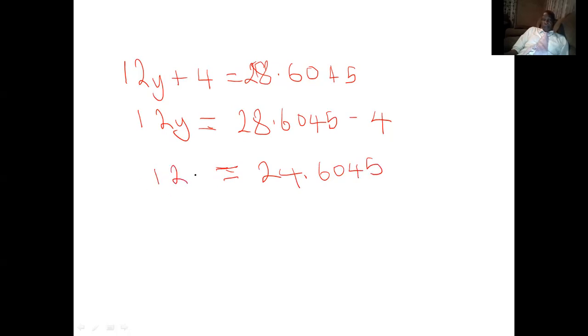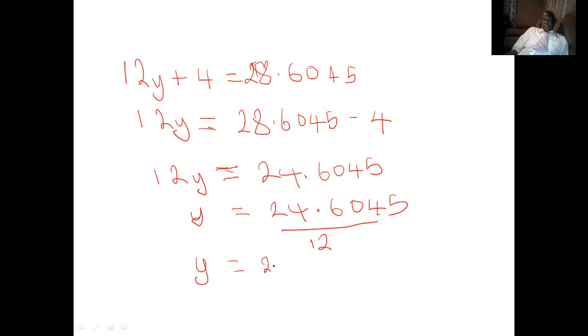And here we have 12y. Therefore, our y would be equal to 24.6045 divided by 12. And then our y would be equal to 2.